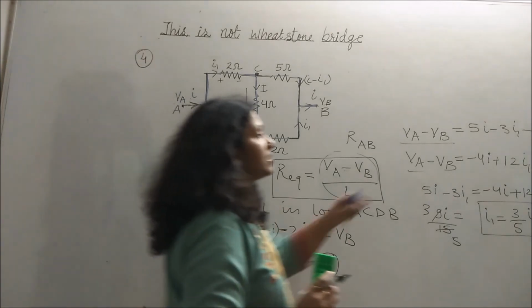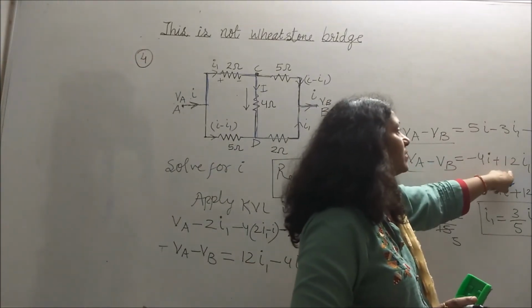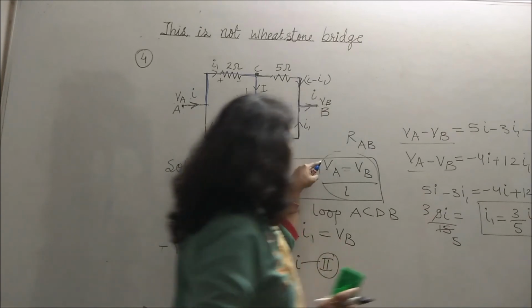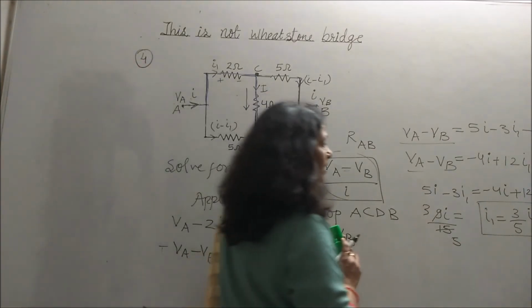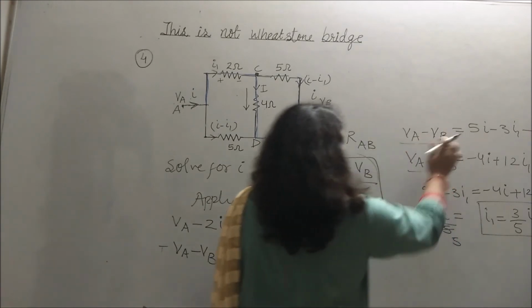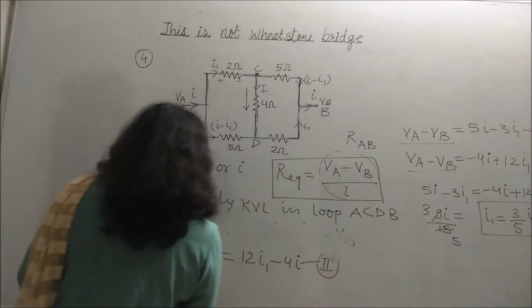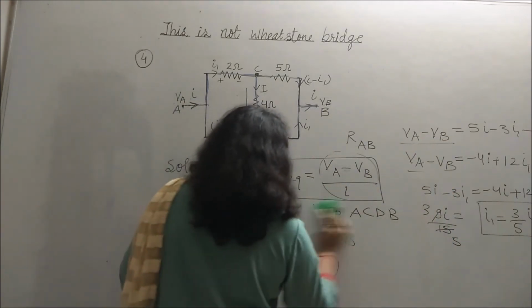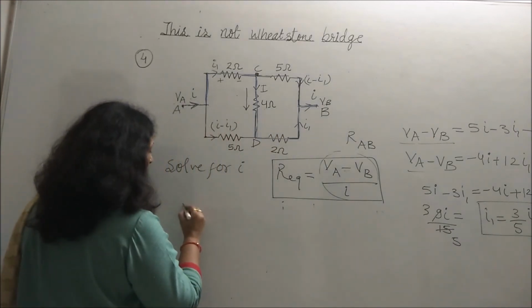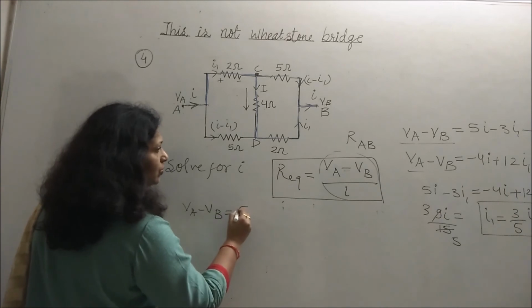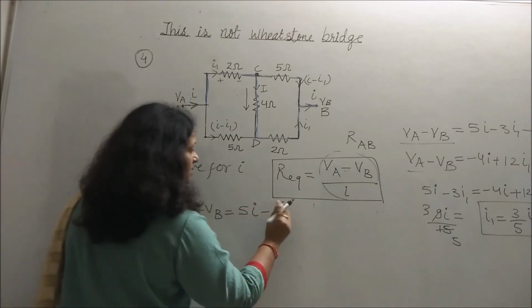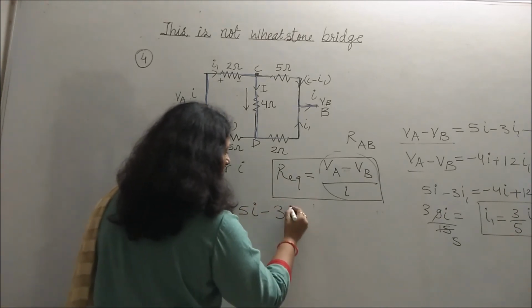Now we can substitute this value in any of the equations and we will find the ratio that will give us our equivalent. Okay, so substitute this in the first equation, that is VA minus VB is equal to 5I minus 3I1.